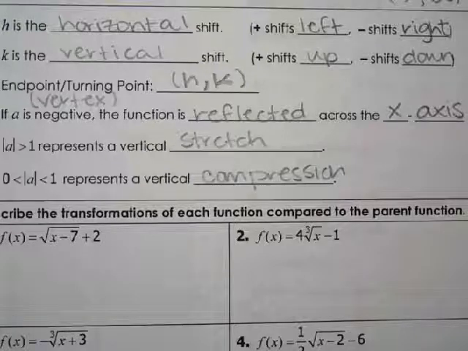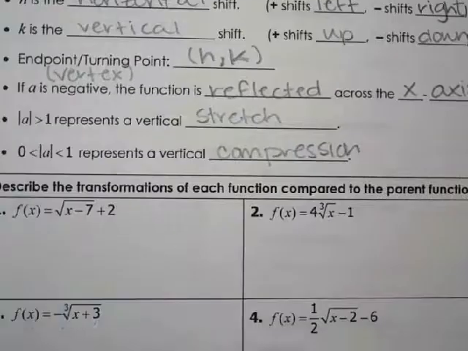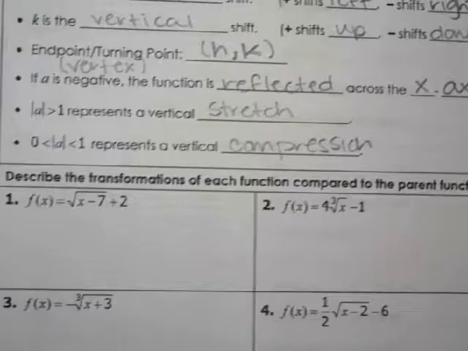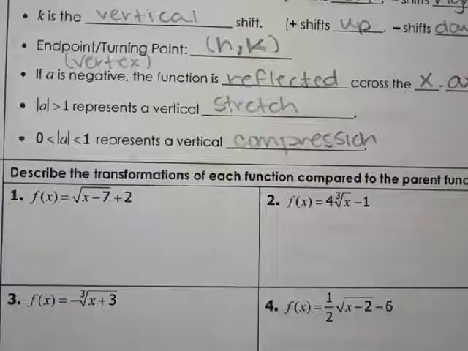Is that all of them? Cubic. We do cubic. We do all the functions. You get to the point where you're like, yes, Miss Rice, I get it. These are the transformations. Let's move on.